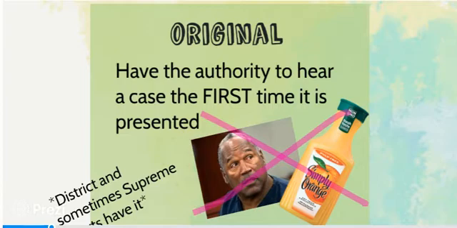Okay, original. Right, district levels and sometimes Supreme Courts have it, and this will make a little more sense as we go through the levels in the next video, and I'll touch base on jurisdiction. All right, so original means you have the authority to hear a case the very first time it is presented. Okay, so district and sometimes Supreme Courts have this.